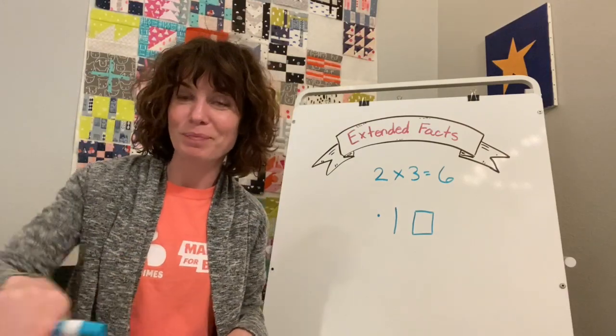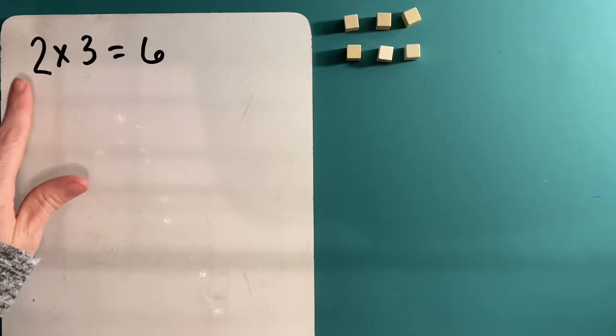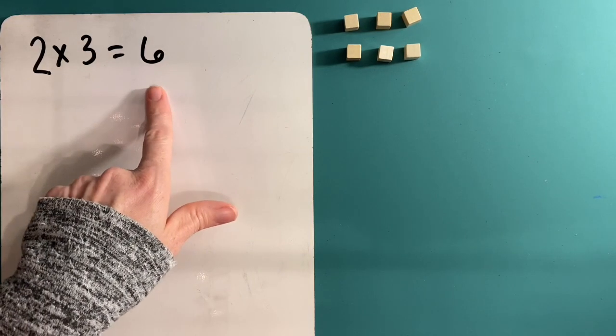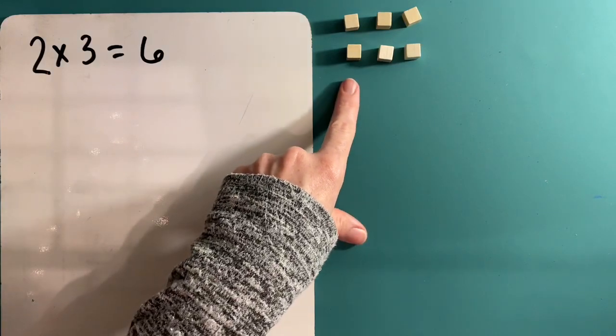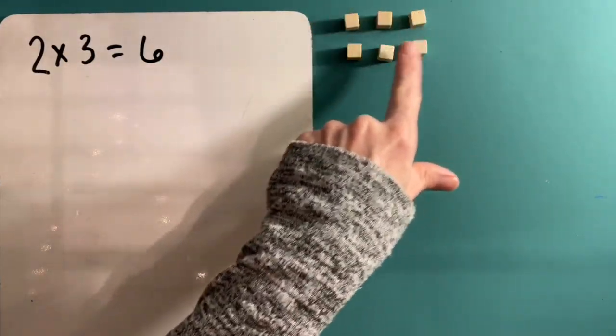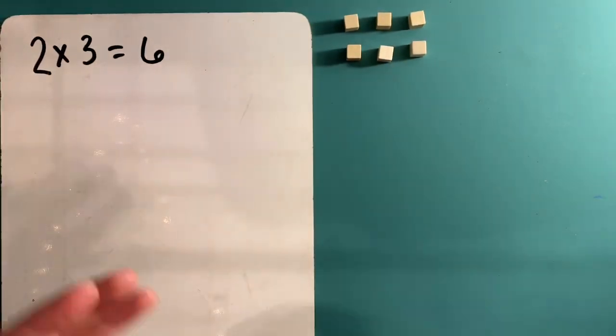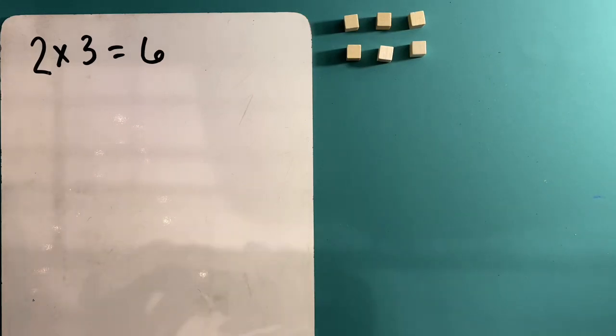Let's go. So we just looked at the very basic fact, 2 times 3 equals 6. And now I can see that represented with my cubes. I have 2 rows of 3 cubes, which equals 6. So now I'm going to practice an extended fact.